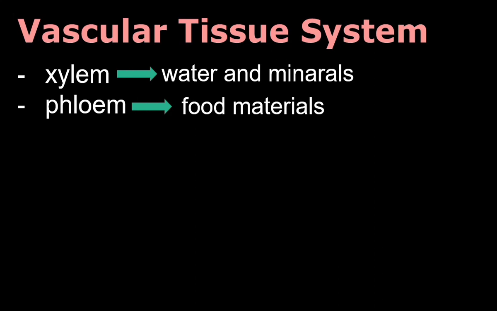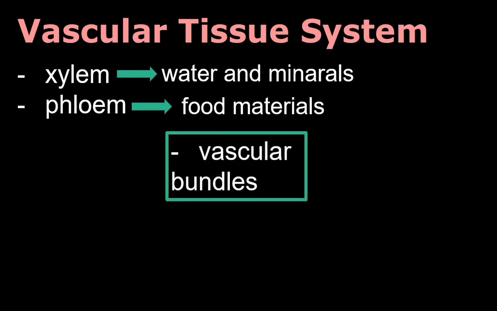Xylem and phloem are organized into specific bundles called vascular bundles. A vascular bundle is made up of xylem and phloem. Based on the nature of the arrangement of xylem and phloem in vascular bundles, there are three basic types of vascular bundles.